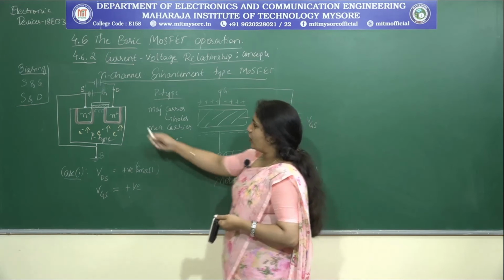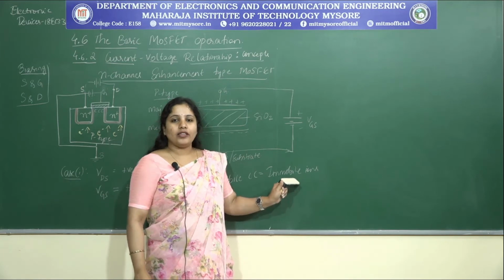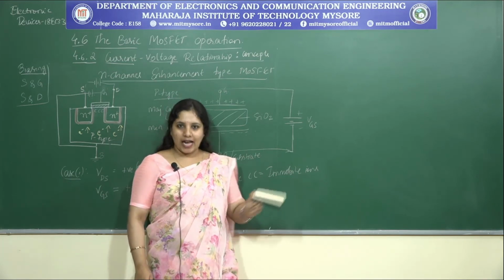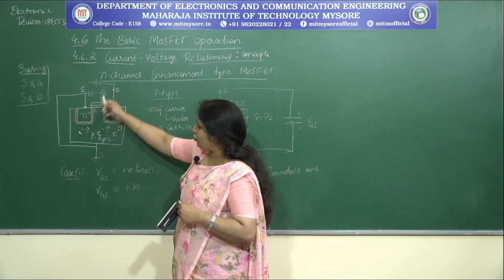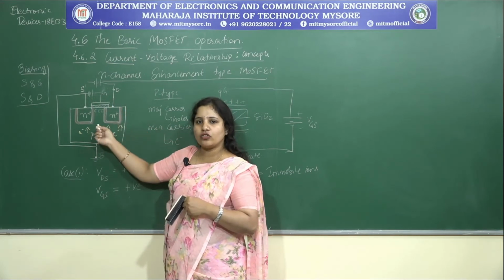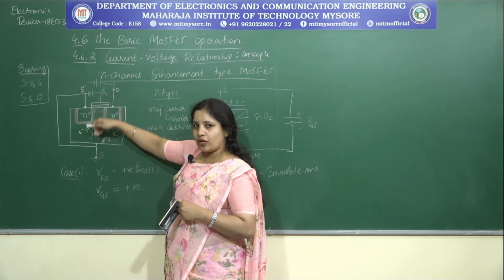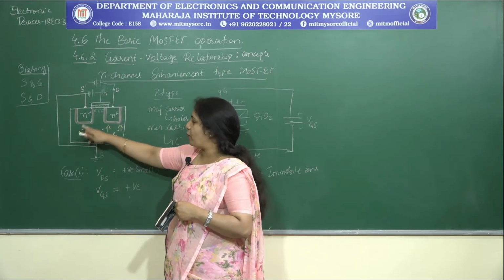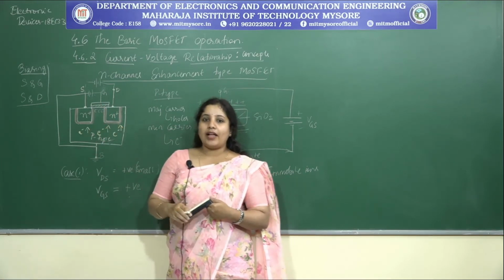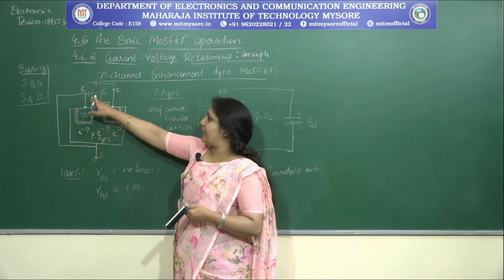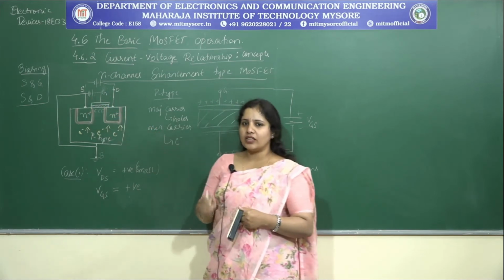Now, because of the positive potential, the immobile ions that we have tend to uncover themselves. As a result, the holes tend to get drifted towards the downward direction, because we have a positive potential and the holes are of positive charge. As a result, the number of electrons that tend to move up and occupy this region increases. And that totally depends on the intensity of the positive voltage that I am providing across the gate terminal. That's the first thing.